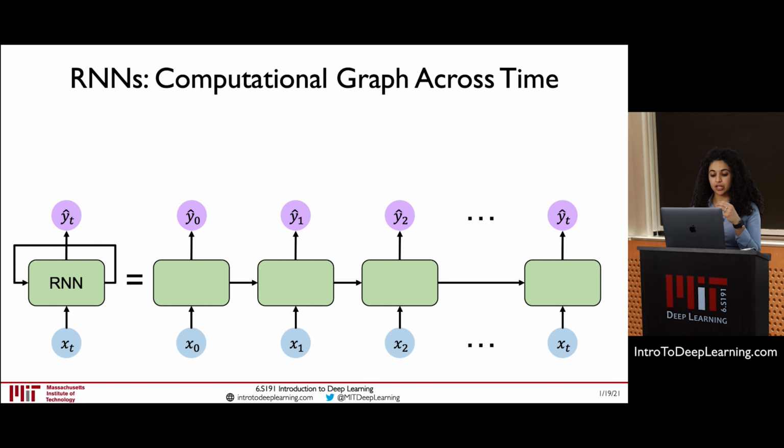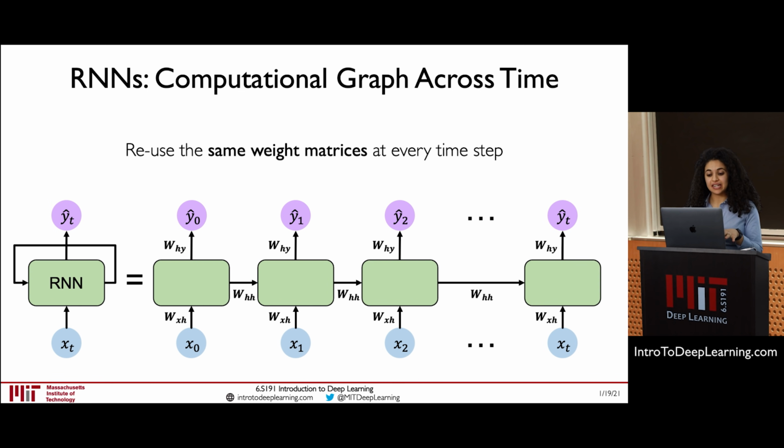And within this diagram, we can also make explicit the weight matrices, starting from the weight matrix that defines how the inputs at each time step are being transformed in the hidden state computation, as well as the weight matrices that define the relationship between the prior hidden state and the current hidden state, and finally, the weight matrix that transforms the hidden state to the output at a particular time step. And again, to reemphasize, in all of these cases, for all of these weight matrices, we're going to be reusing the same weight matrices at every time step in our sequence.